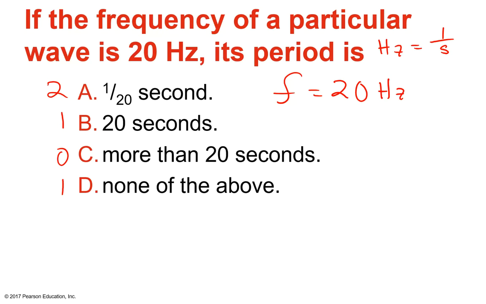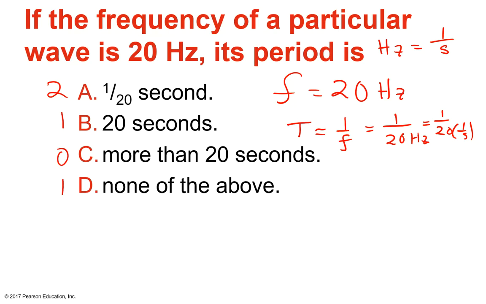Okay, so since the definition of period is 1 divided by frequency, then that would be 1 divided by 20 hertz if I just plug that frequency in. But since hertz is 1 over seconds, that's 1 over 20, 1 over seconds. Divide by fraction.